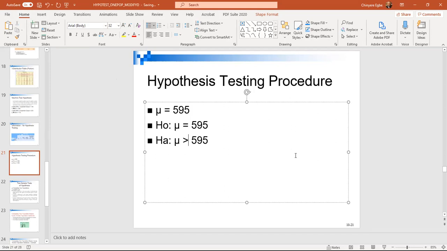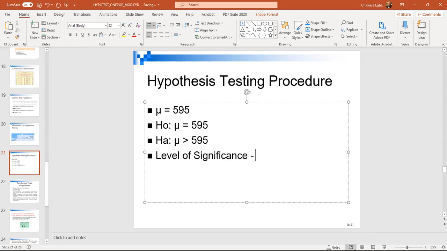Is that clear so far? Hello, guys. Everybody still there? Yes. Okay. Is it clear so far what we're supposed to be testing? Yes. Okay.